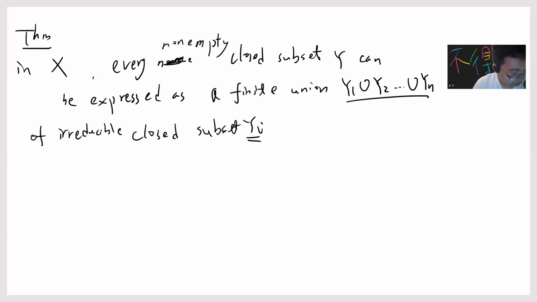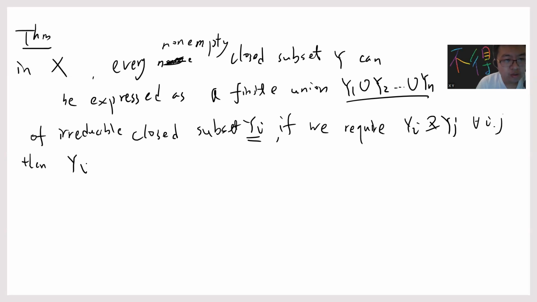Okay, and if we require that Yi does not include Yj for all i ≠ j, so they are not contained in each other, then the Yi are unique.